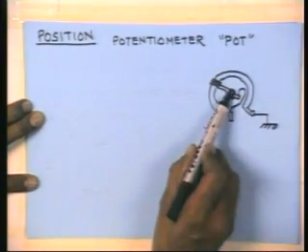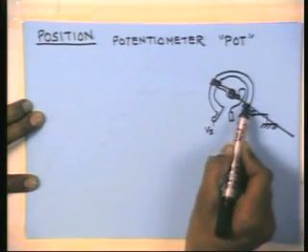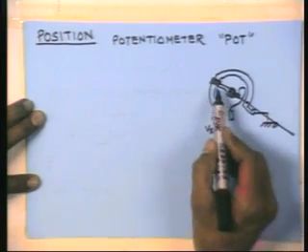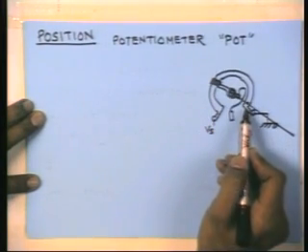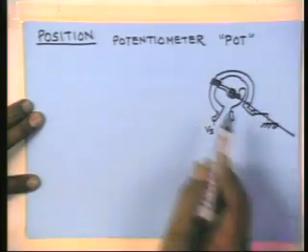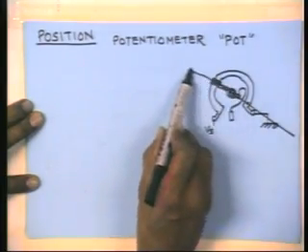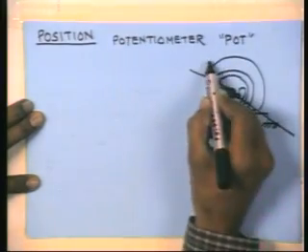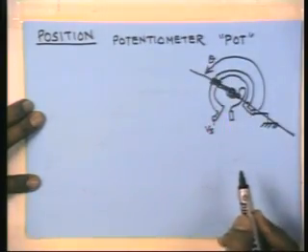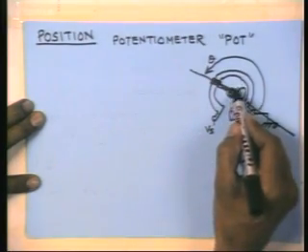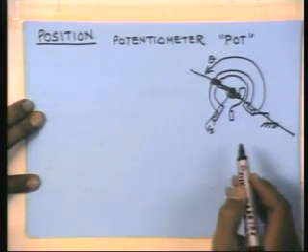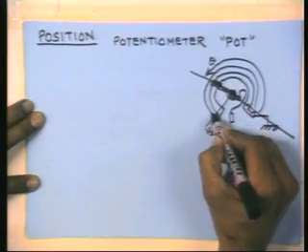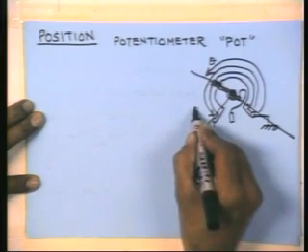So let's say we draw one line here representing where you have the moving slider contacting at the zero potential point, and then you have the actual position of the slider, and this angle here we call theta. And we look at the maximum position it can reach, somewhere here, and that angle we call theta max.